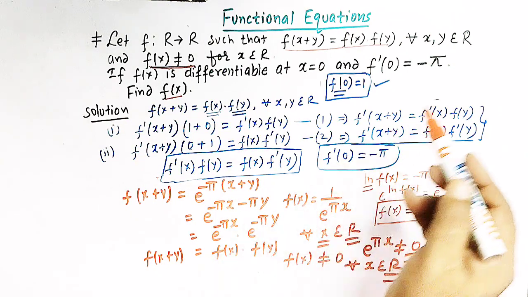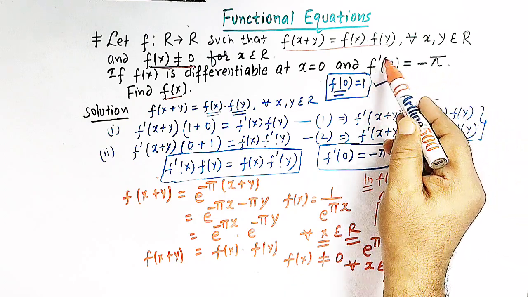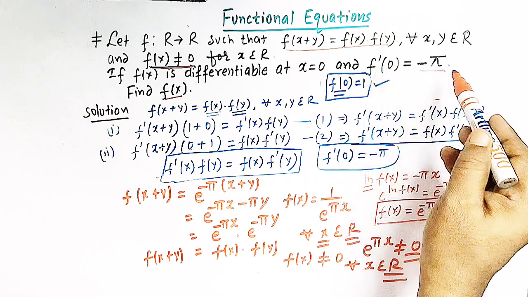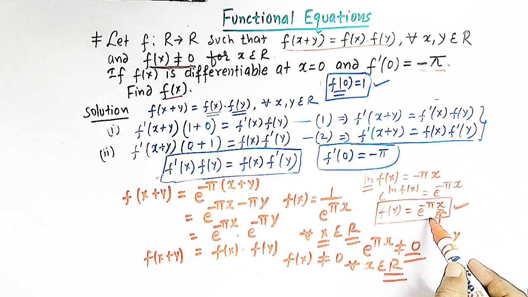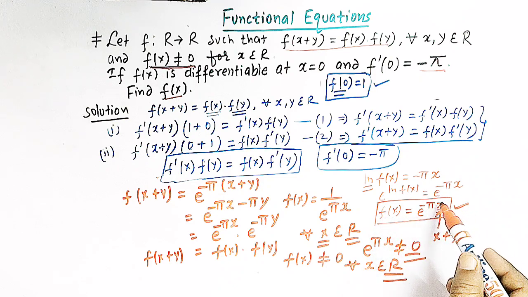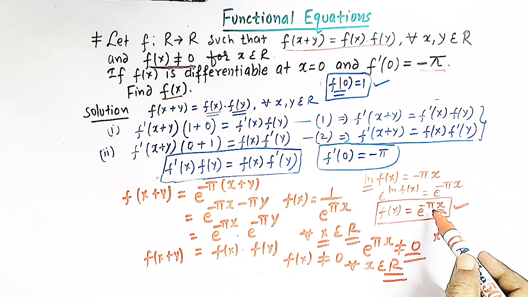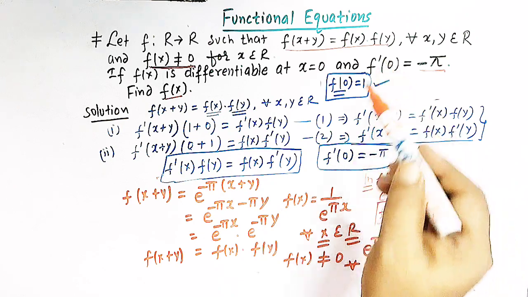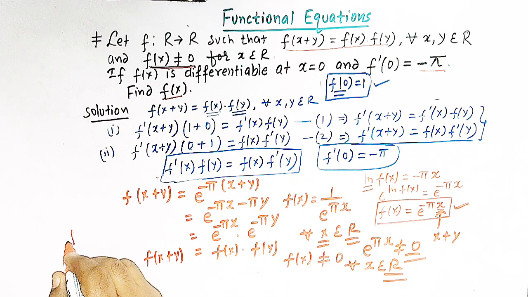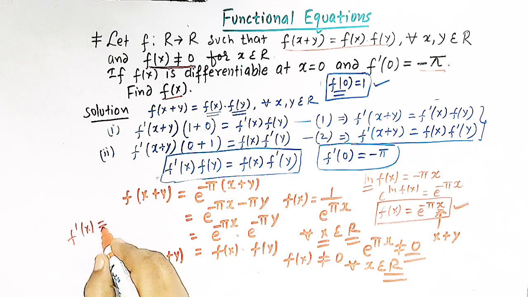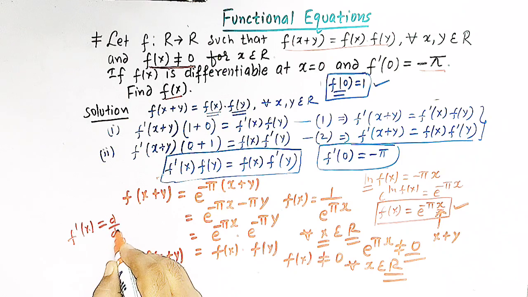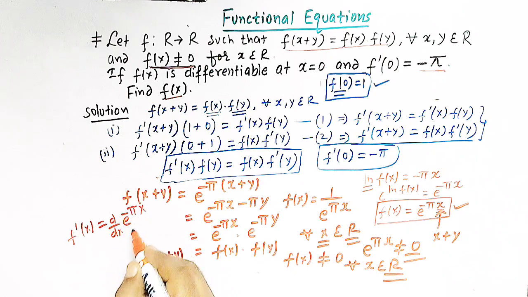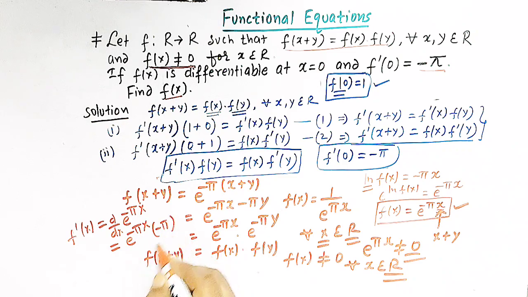And here we can also verify that f prime of 0 is equal to minus pi, because here the function f of x is an exponential function, and the exponential function is differentiable at x is equal to 0. So if we find out the derivative of this function, then the derivative of e raised to minus pi x is e raised to minus pi x times minus pi.